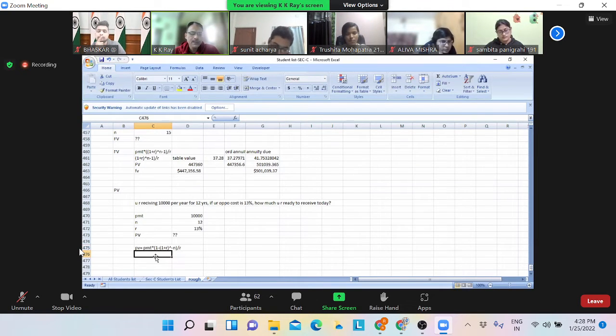So the table value here is 1 minus (1 plus R) to the power minus n, divided by R. Can you please see and tell me, for 13%, 12 years, how much is the table value?